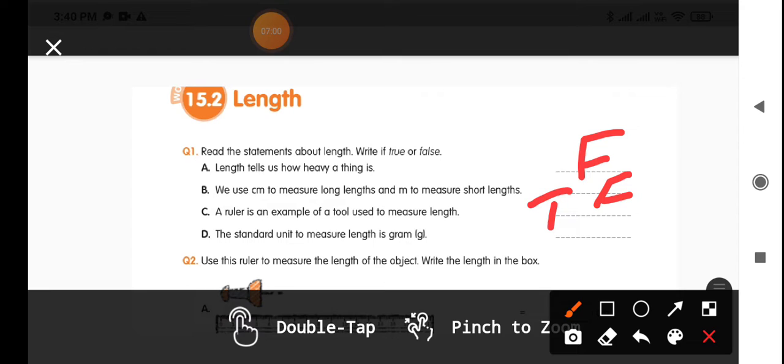The standard unit to measure length is grams. No, the standard unit is meters or centimeters, not grams. cm means centimeters, in short form you write cm. m means meters, in short form you write m.